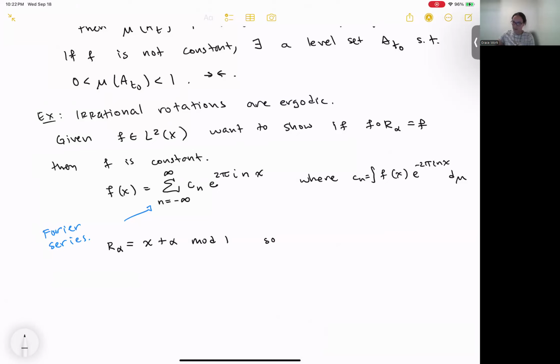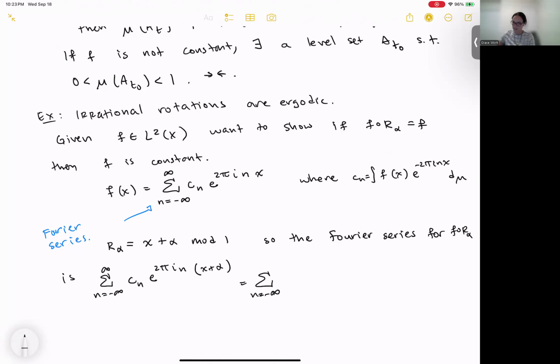So if we take our Fourier series for the composition, this will be the sum, negative infinity to positive infinity, of Cn e to the 2 pi I n times x plus alpha, which is equal to, splitting up the exponent, the sum of Cn e to the 2 pi I n alpha times e to the 2 pi I n x. Okay, great. We have these two Fourier series.